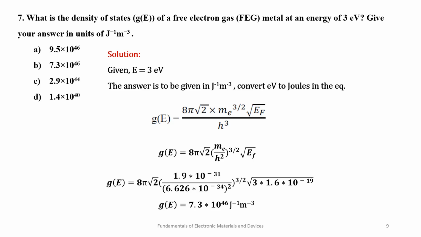Is it a typo error? The mass of the electron is 9.1 into 10 to the power minus 31 kilograms. That is the mass of the electron in SI units. Not 1.9, that is also a typo. I just noticed it now. Yeah, here also.